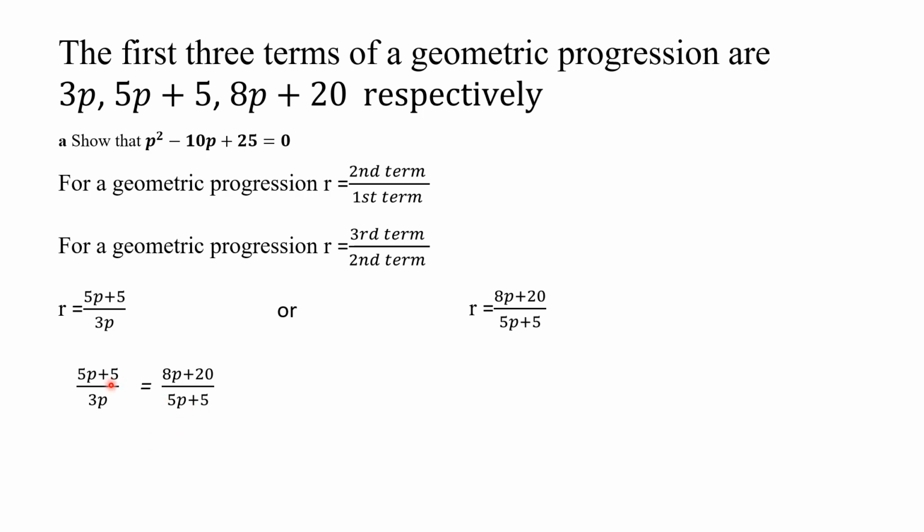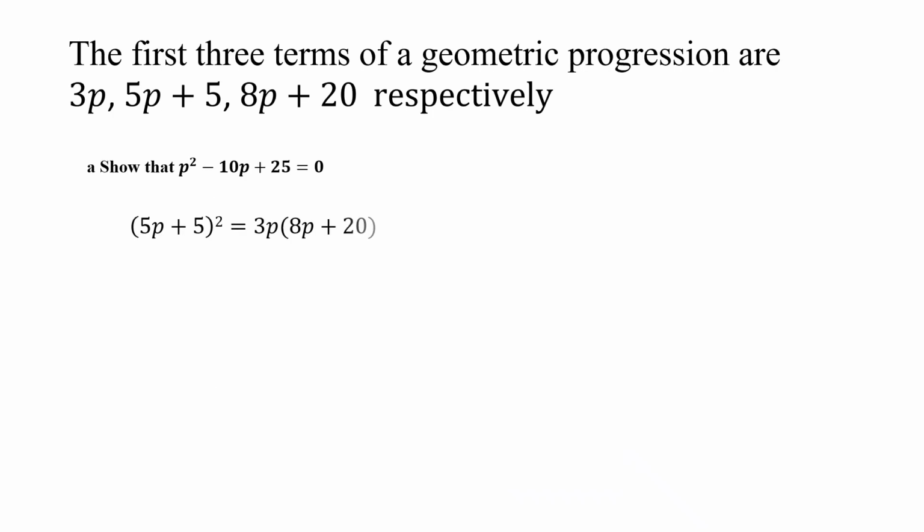Afterwards, we cross multiply. 5p plus 5 multiplied by 5p plus 5, this denominator multiplied by the numerator, and this denominator multiplied by the numerator. So we get an equation in p, which is 5p plus 5 squared is equal to 3 multiplied by 8p plus 20. Now that we have the equation, we want to solve it. That is when we can show that p squared minus 10p plus 25 is equal to 0.